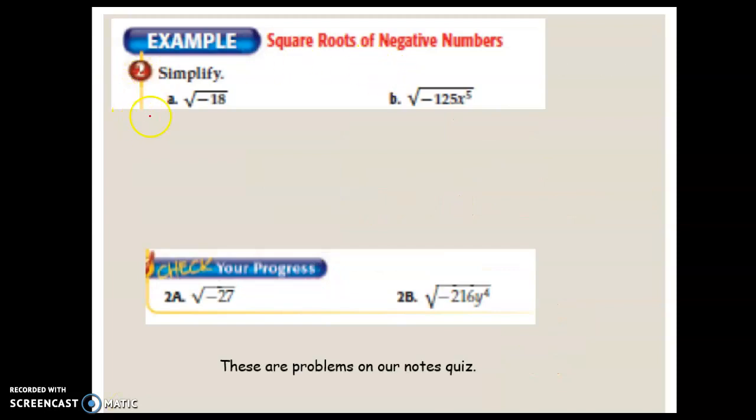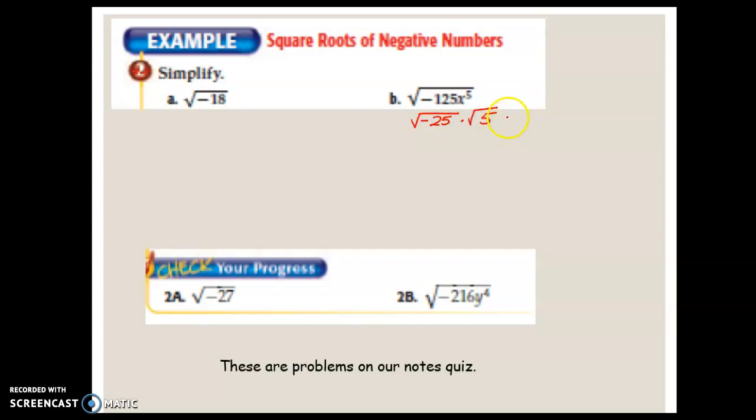Square roots of negative numbers, we're still going. This is throwing in a little bit of your variables, so you need to remember those. These right here are problems on our note quiz. I'm going to do one of these just for the variables to remind you of that. This square root of -125 is the square root of -25 times the square root of 5.